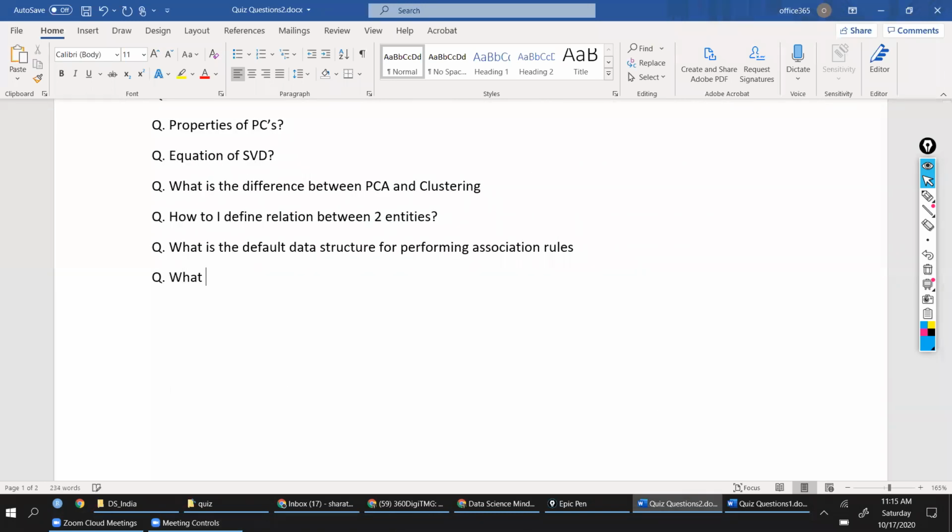What is the challenge in performing relationship mining, association rule mining? Profusion of rules? Not really, that's not the challenge.